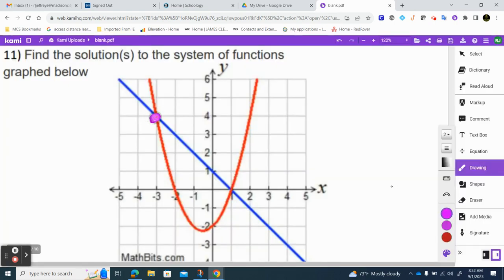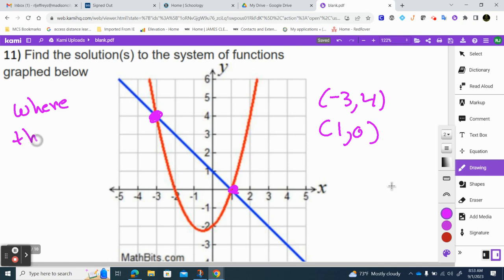Well, it touches right here at this point and at this point. One of them is -3, 4. The other one is 1, 0. Okay, it's where they touch. All right.